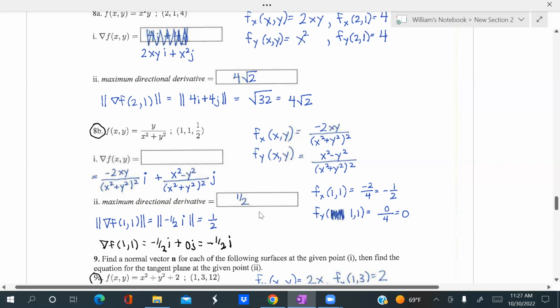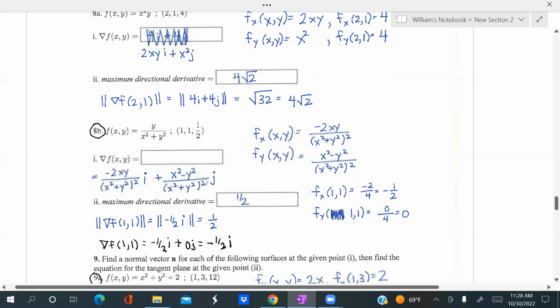So the coefficient on the i in the gradient at this point is minus 1/2, the partial derivative with respect to x evaluated at 1, and the coefficient of j is 0, the partial derivative with respect to y evaluated there. So we just end up with minus 1/2 i as the gradient vector at this particular point.